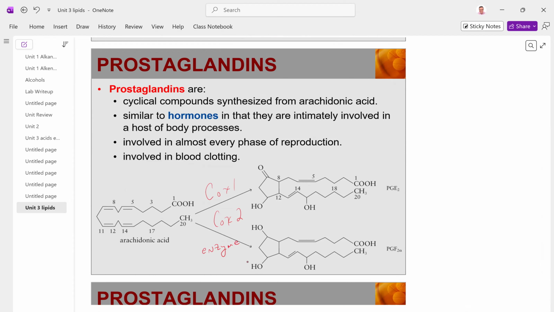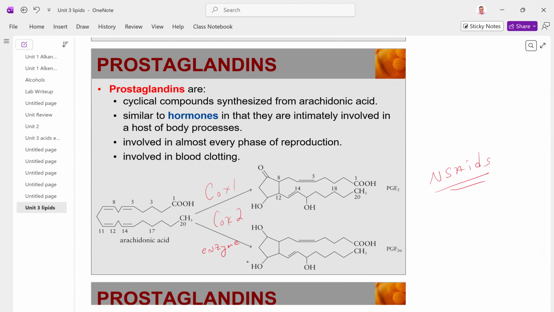Prostaglandins are a whole host of products in the NSAID category. NSAIDs are like aspirin, ibuprofen, naproxen, acetaminophen, and they affect these prostaglandins, and there are 2 kinds.